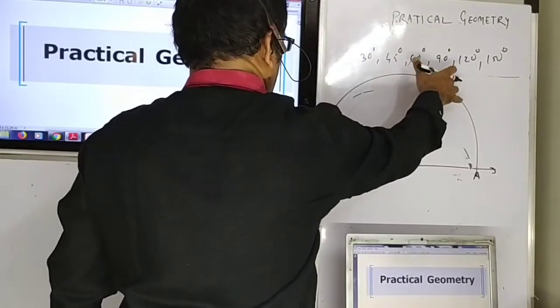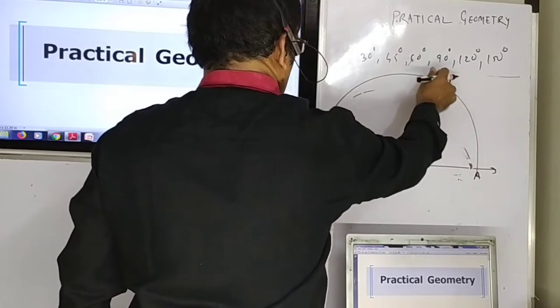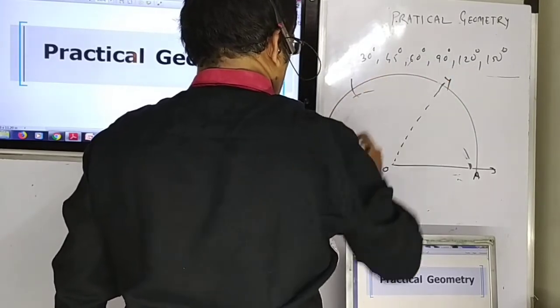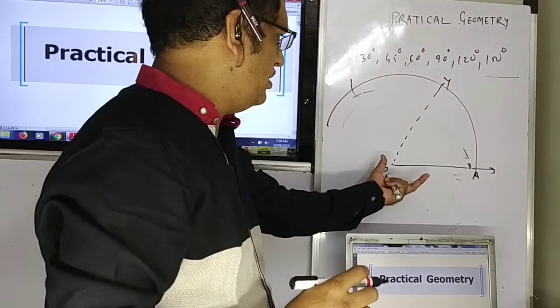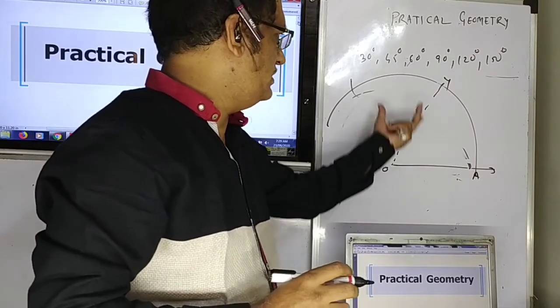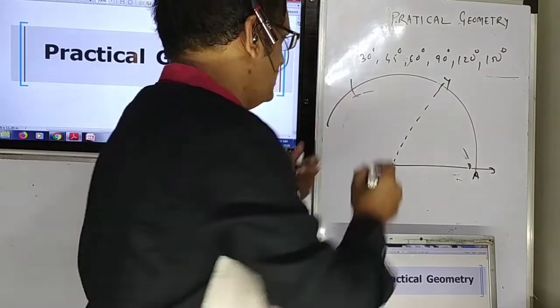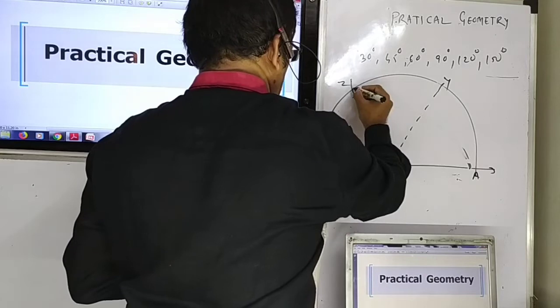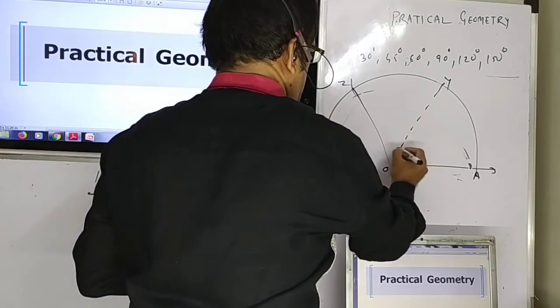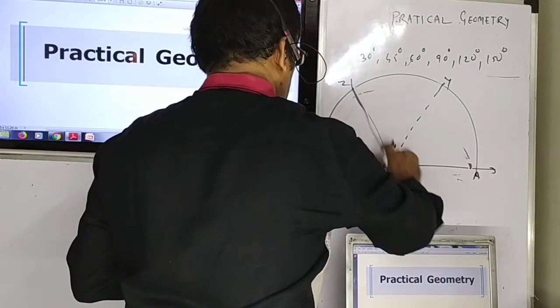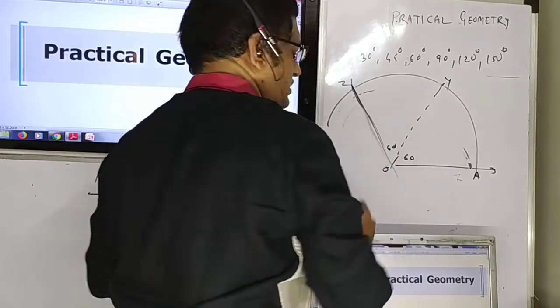Again put the metallic end at, say, Y and draw a ray intersecting this arc at, say, Z, then this angle is also 60 degree. This angle is 60 degree, this angle is 60 degree. Now 60 plus 60, now it is 120.